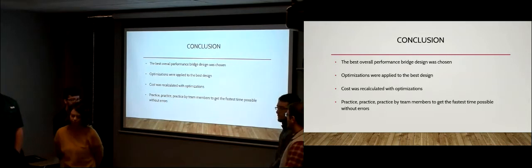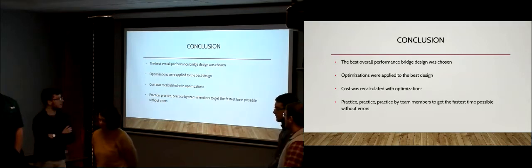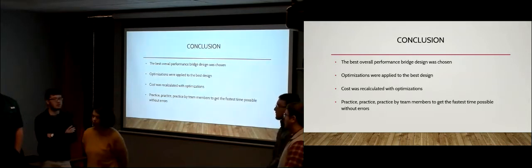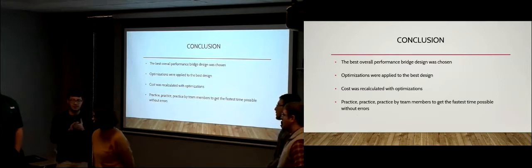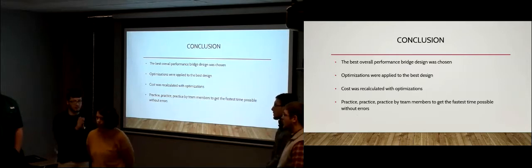So, as you can see, the best overall performance bridge was chosen. Compared to everybody else's, my beginning design, the cost was the second lowest, along with my aggregate deflection. Some was right in the middle ground, so it was kind of the average of all of our designs.